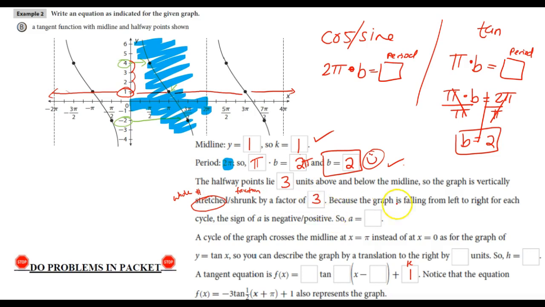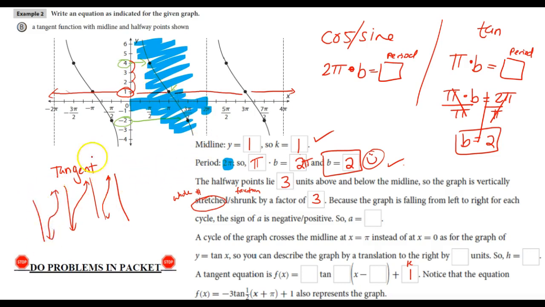Okay. The next thing it says, because the graph is falling from left to right. So remember, most tangent graphs, just as a recall, because I know this was a couple of units ago, it's usually going to go like this. And it's going to go on repeat, right? That's usually what tangent looks like.